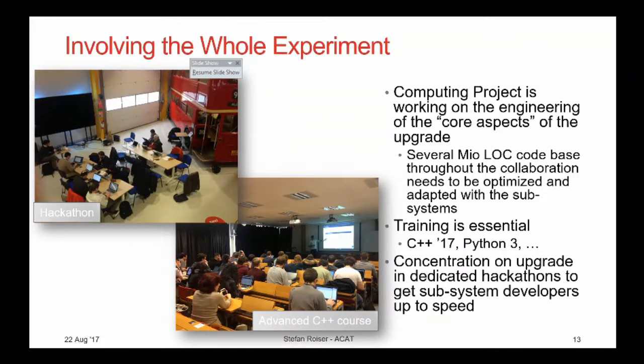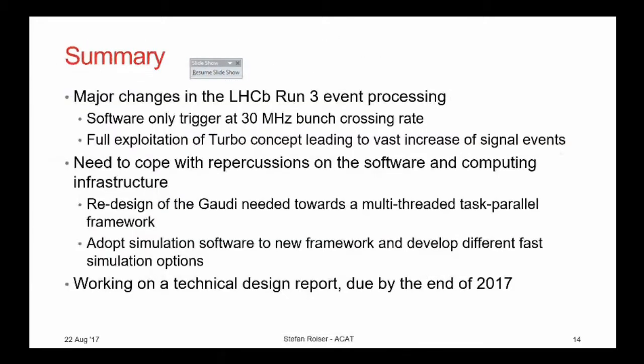And then, to push the upgrade at the moment, we hold so-called hackathons. Every other month, we have one week where we concentrate on the upgrade activities, where we bring the software engineers and the subsystem people together. And there's a very nice space at CERN where we can do this.